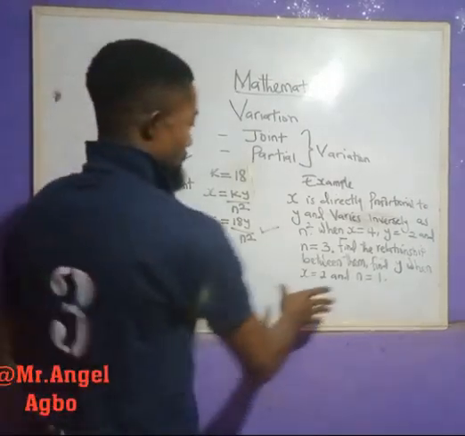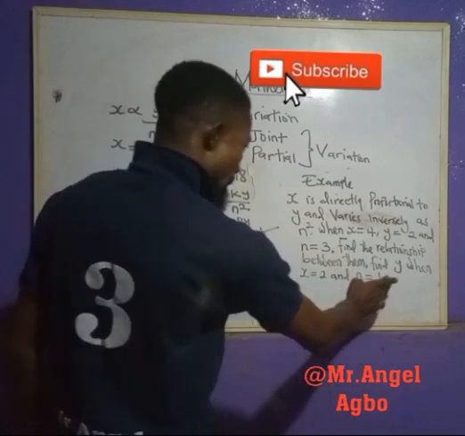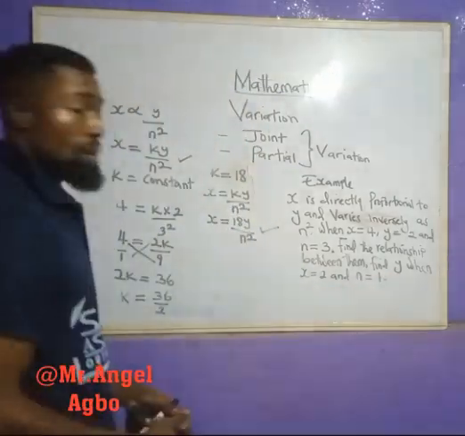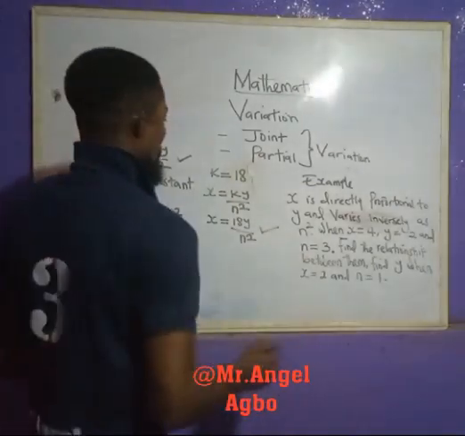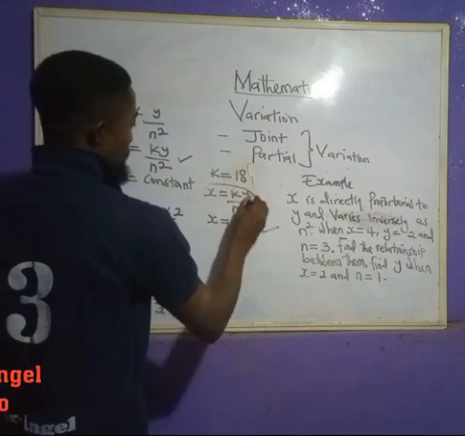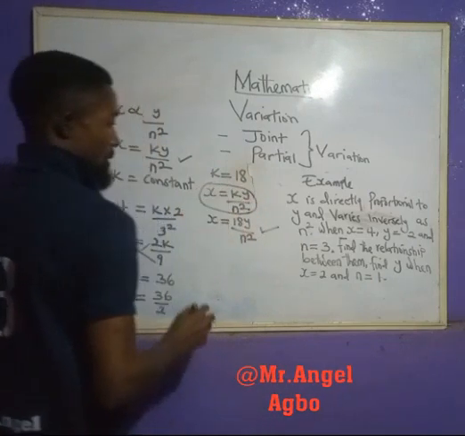That is just it. Now the last question says find y when s is equal to 2 and n is equal to 1. So from there, we substitute everything into this particular formula or equation.